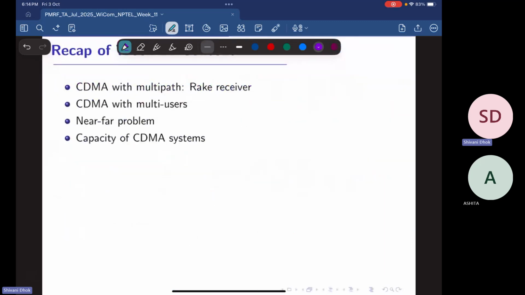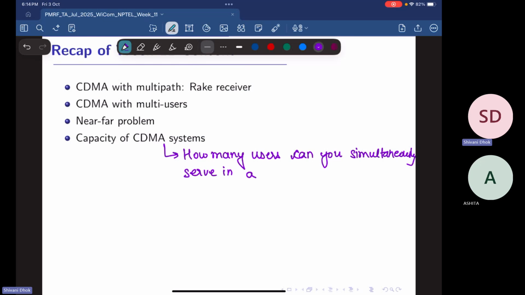After that, we looked at the capacity of CDMA systems. The capacity of CDMA systems basically gives you how many users you can simultaneously serve in a CDMA system.